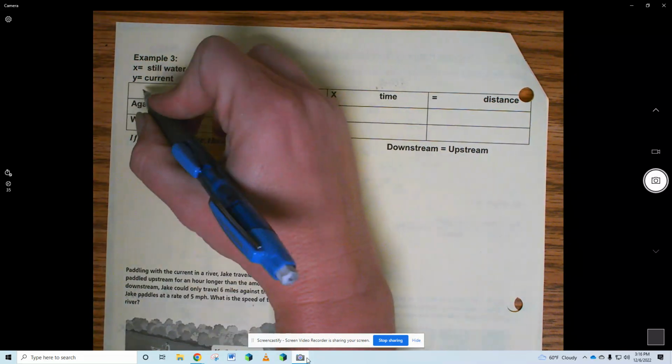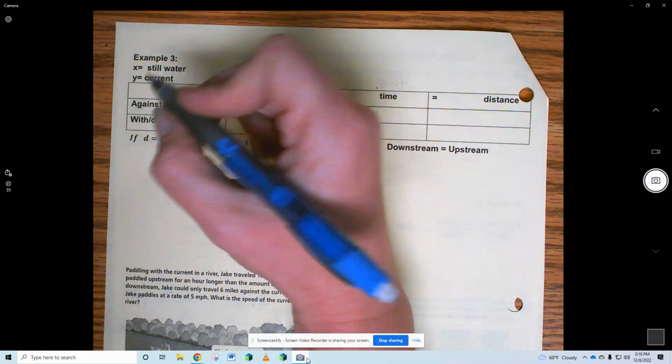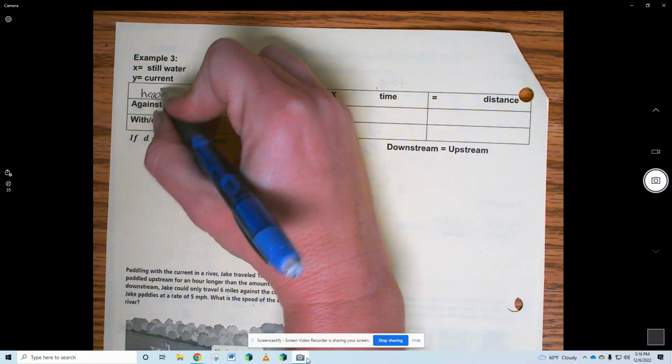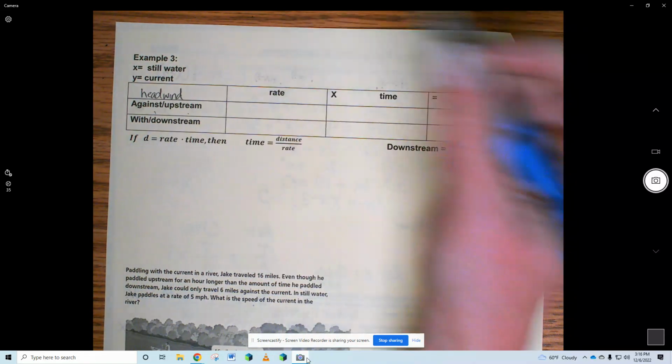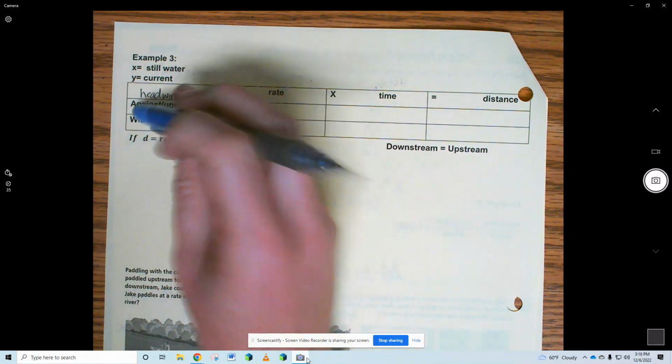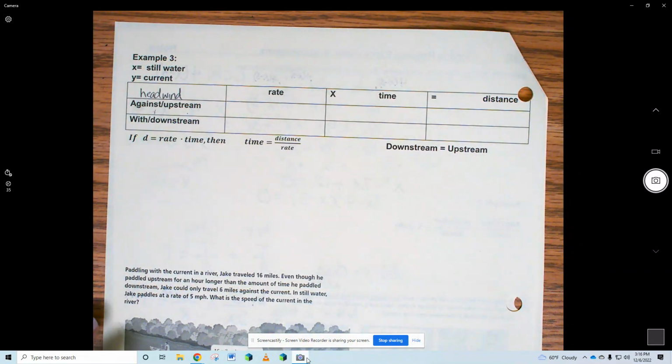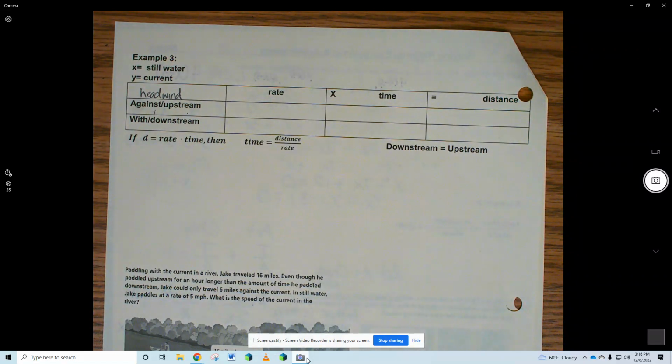It's also called a headwind. If I am going against the current or the wind is blowing towards me, I'm going to start at one end of the classroom and row a boat or be on a bicycle or be a plane flying. Against and upstream means the water is coming at me or the wind is blowing in my face.